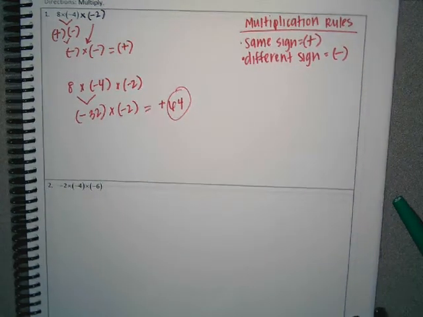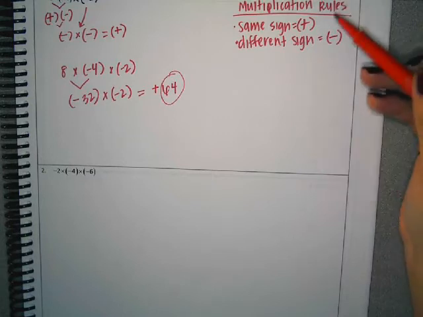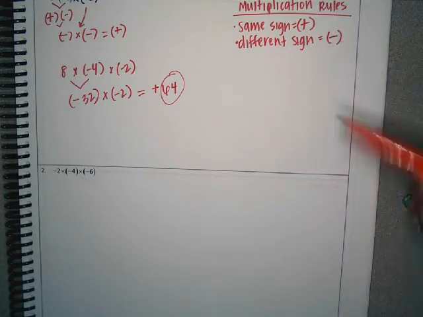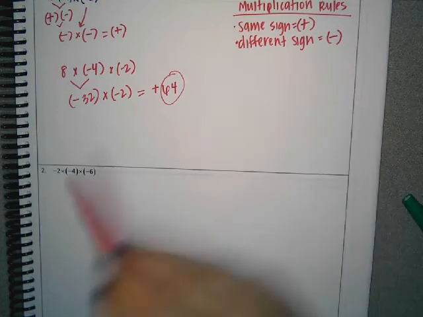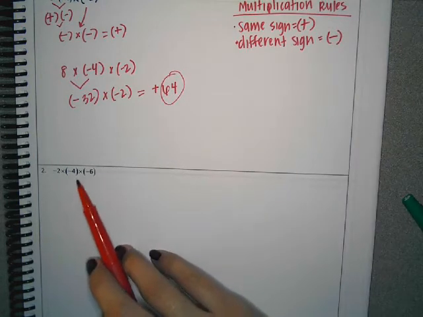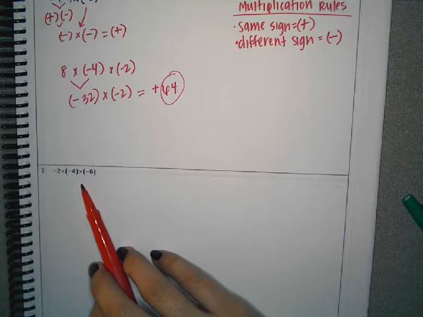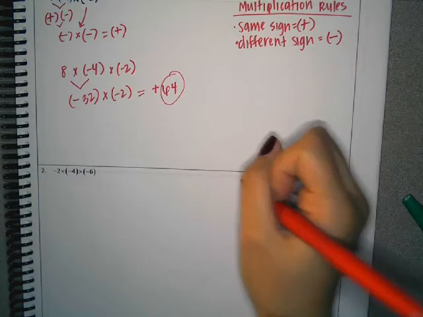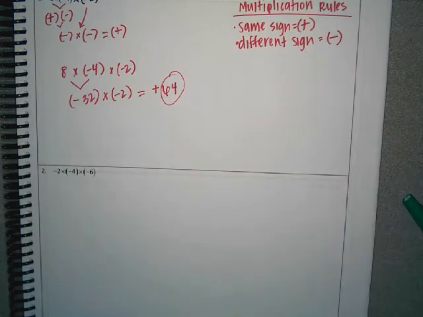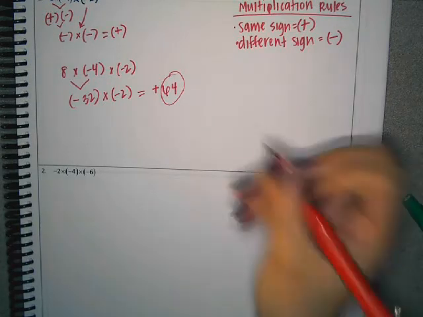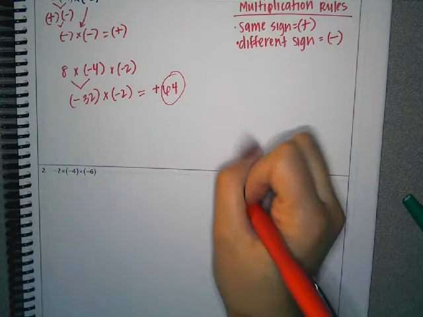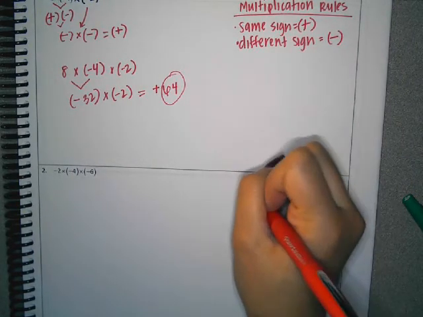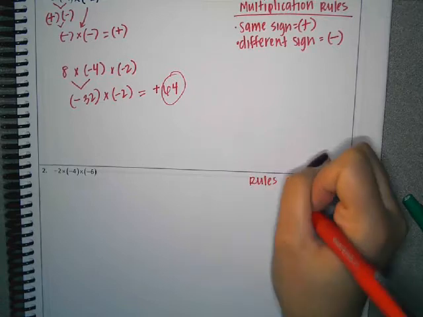Now another way that we can solve this using the same rules, we can also solve this a different way if we have more than two integers or terms, right? So the new trick is we can count how many negatives. Here I'm going to write down some more rules. Rules continued.